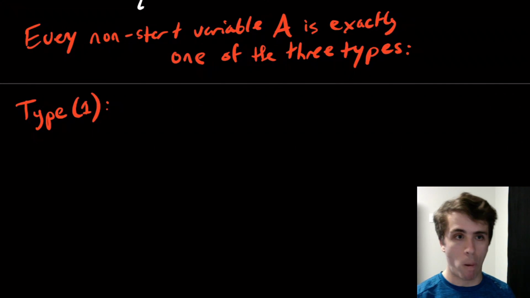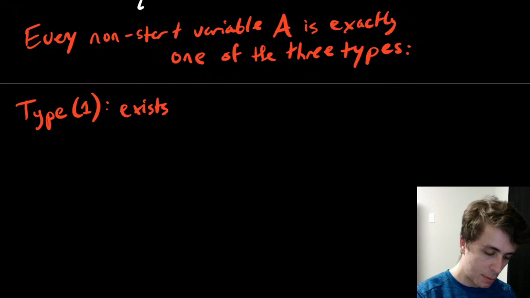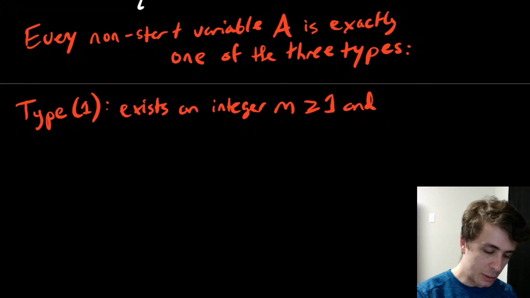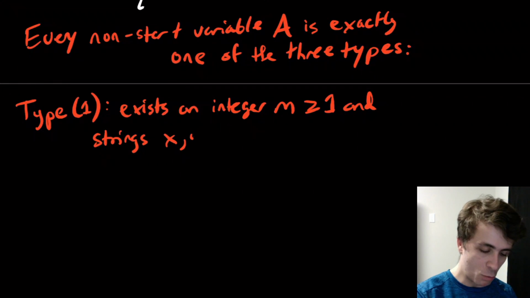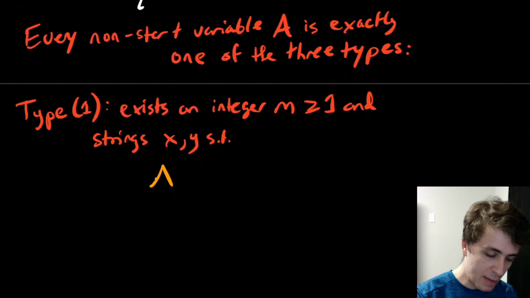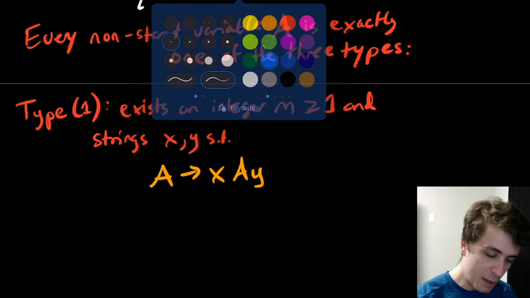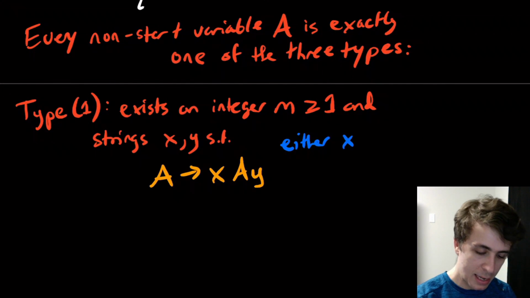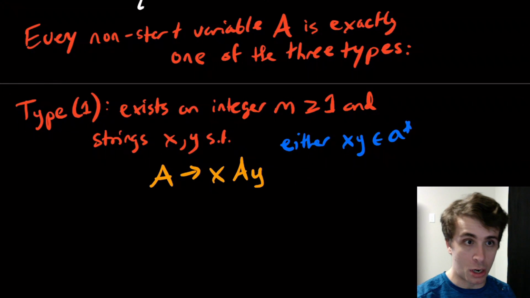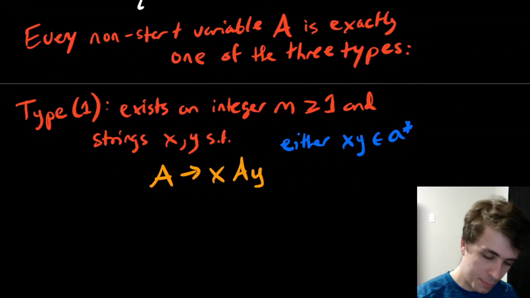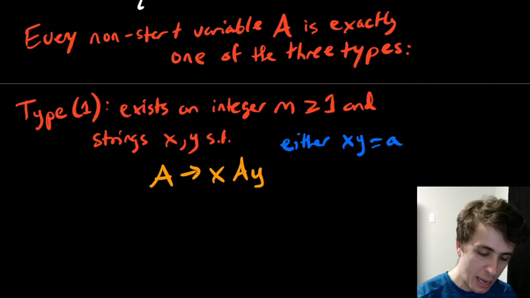So what is type 1? There exists an integer m, which could depend on the variable, of course, and strings x and y, such that A produces xay, and what we have here is that either xy is equal to a to the m.